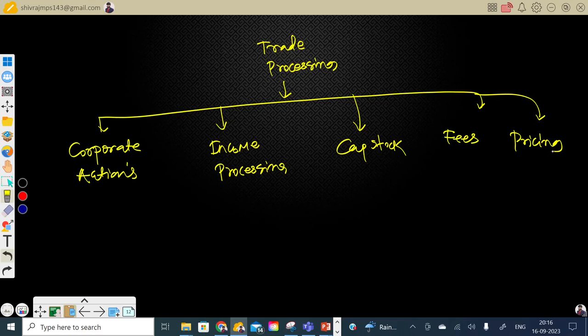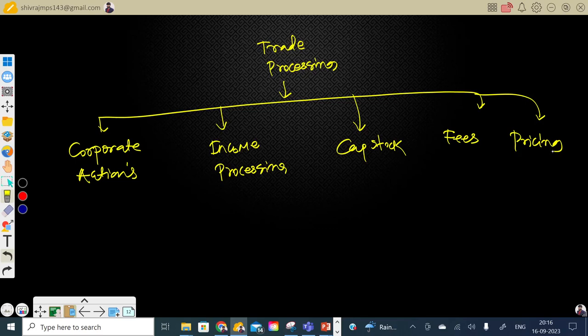Cap stock, it means again you would see subscription, redemption, cap stock distributions, drawdown, pay down, or different activities that will come into the picture under the cap stock. Under fees, again your normal fees like admin, then incentive, and many more. Pricing, it means there would be different things that come under pricing.